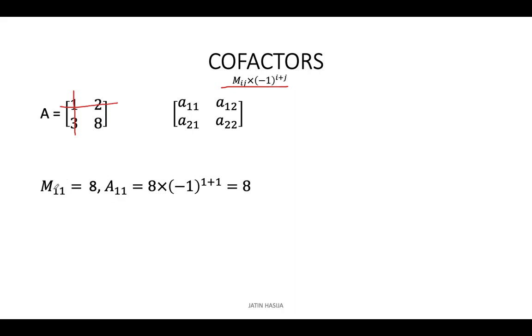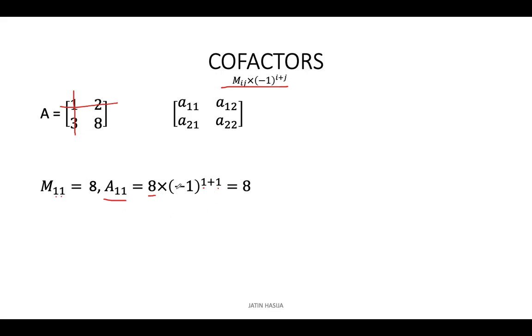Now comes the value of cofactor. Now see this A11. I explained to you, if this is small, we will be talking of this particular value, and if it is capital like this, it means now we are expressing their cofactors. And the formula says Mij. Mij means minor of this particular M11. Now M11 we have calculated as 8, therefore written 8 multiplied by minus 1 to the power of I plus j, where this is I and this is j.